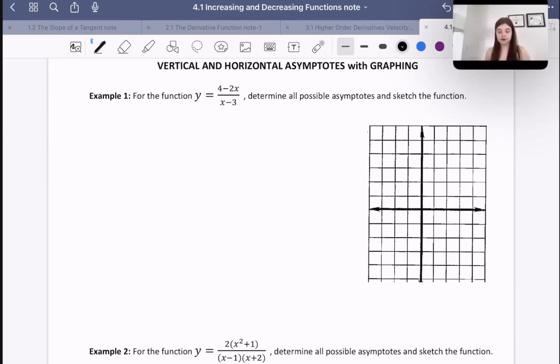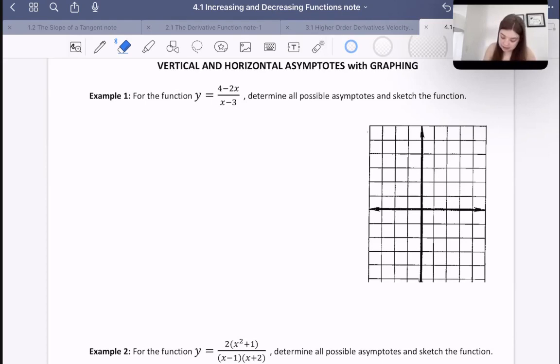So for the function y equals (4 minus 2x) over (x minus 3), determine all the possible asymptotes and sketch the function. So let's first ask ourselves, are there any oblique asymptotes? No, because the degree of the numerator is not exactly one higher than the degree of the denominator. Both degrees are the same. What about a horizontal asymptote? There is one.